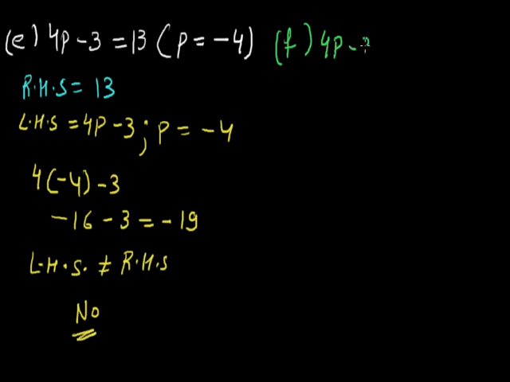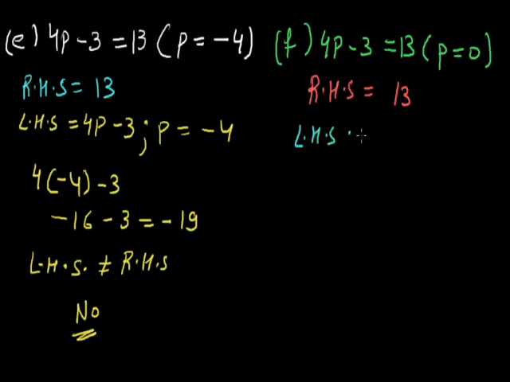4p minus 3 is equal to 13 at p is equal to 0. Now the right hand side of the equation is 13 and the left hand side of the equation is 4p minus 3.